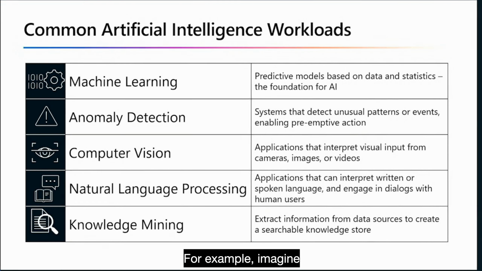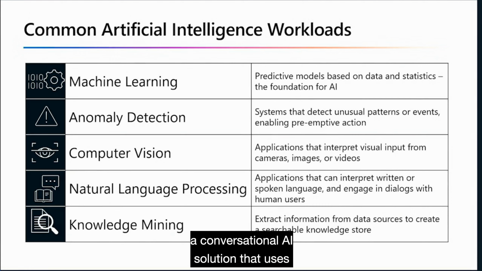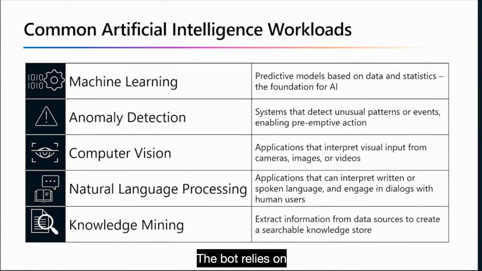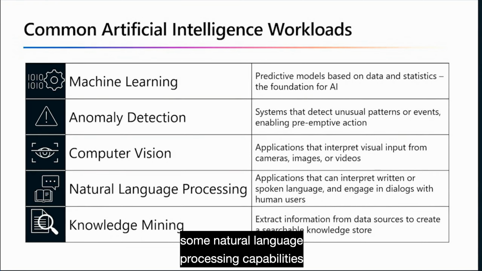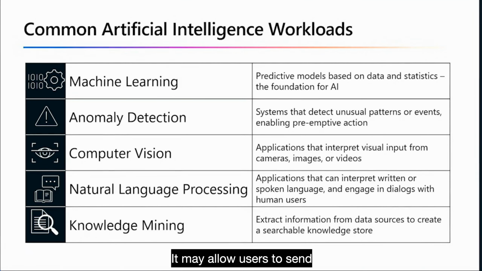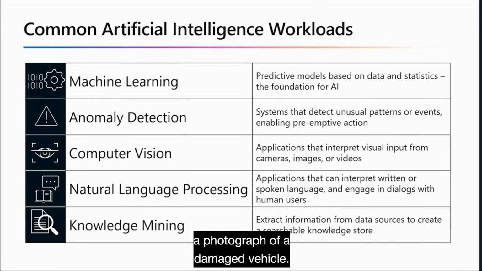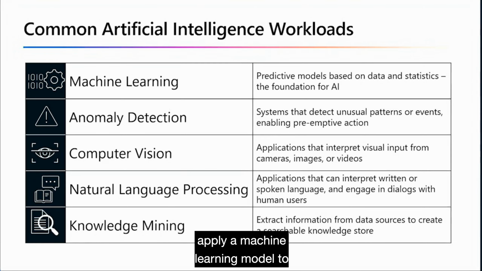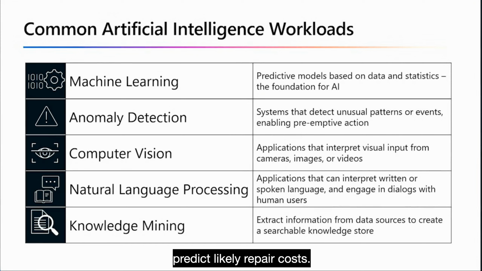For example, imagine a conversational AI solution that uses a bot to process an auto insurance claim. The bot relies on some natural language processing capabilities to make sense of input, such as, "I want to submit a claim." It may allow users to send a photograph of a damaged vehicle, and using computer vision, it would assess that damage and apply a machine learning model to predict likely repair costs.